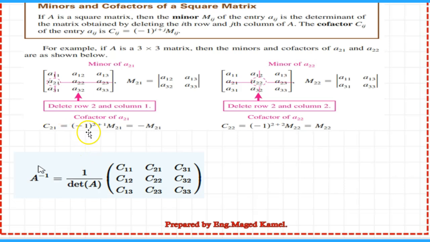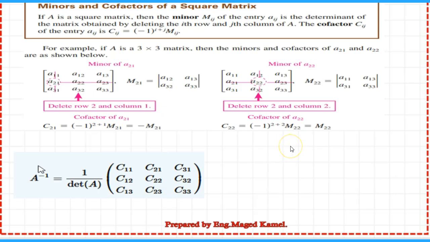C21 is minus 1 raised to the power of 3 multiplied by the minor M21, for which we erase the second row and first column. Then we come to a matrix of A12, A13, A32, A33. We are going to get the value of that matrix: A12 A33 minus A13 multiplied by A32.